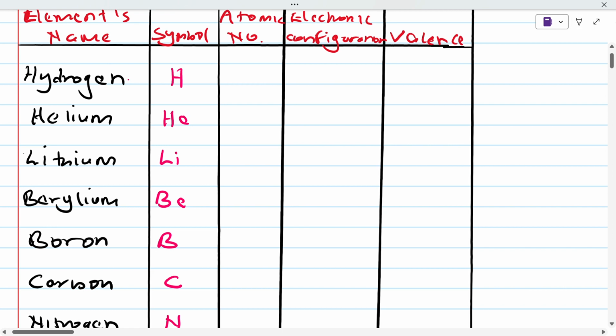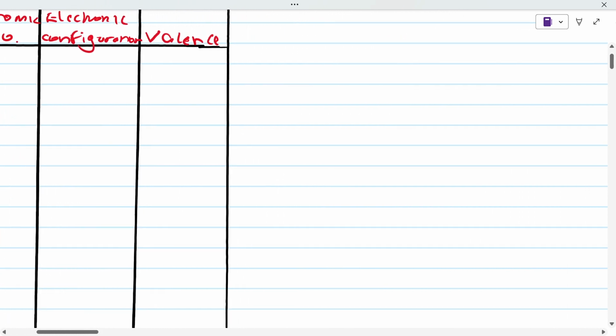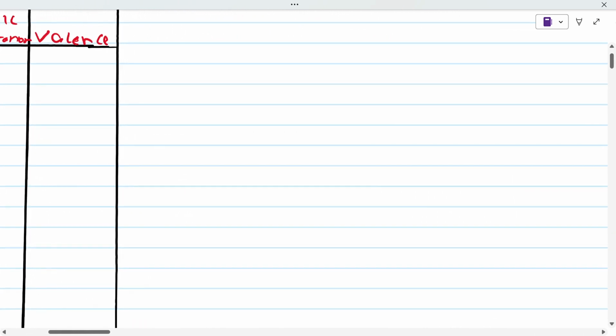Before I move further, why do you think I skipped those elements? Let me explain something before we move. Elements in the periodic table have their symbols derived from either their English name or their Latin names.